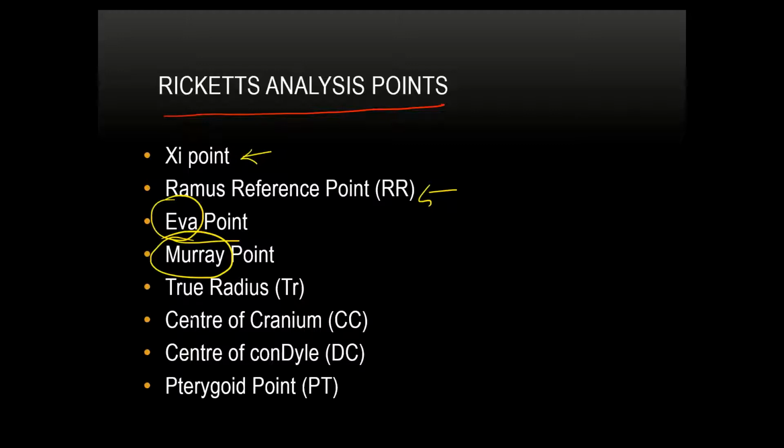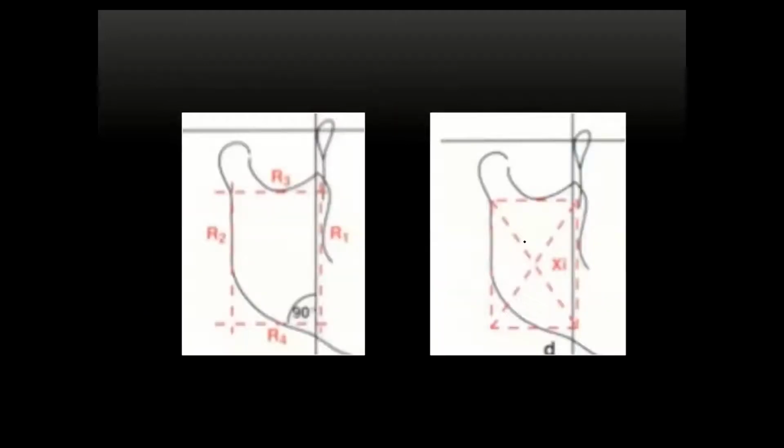So Eva point, Murray's point, root radius, center of cranium, sector of condyle, and pterygoid point, PT point. So how do you make PT point? You take the pterygomaxillary fissure, then you draw these 2 lines, and at the intersection, at the 10 o'clock position is PT point.